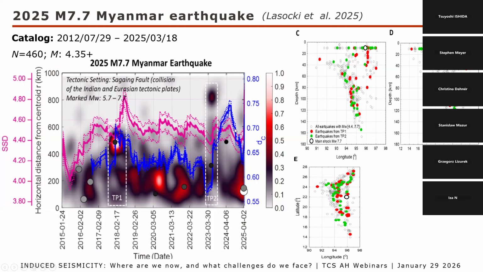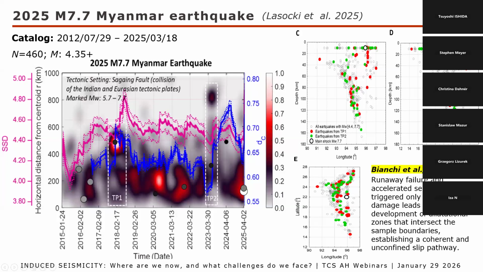But here I would like to also stress your attention to these two clusters of density. When we look at the location of these earthquakes, the red one on the right side is related to period 1 and the green one to period 2. And we try to understand the behavior of the seismicity. And I found last year the study from Bianchi et al.